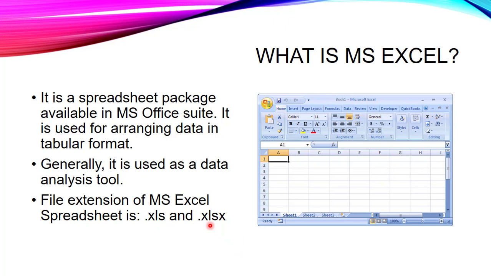It means if you are using any version that is either Office 7 or higher than Office 7, in that case your file extension will be .xlsx. But if you are using any lower version, in that case your files will be saved with .xls. Fine. Now let's explore this window a bit.